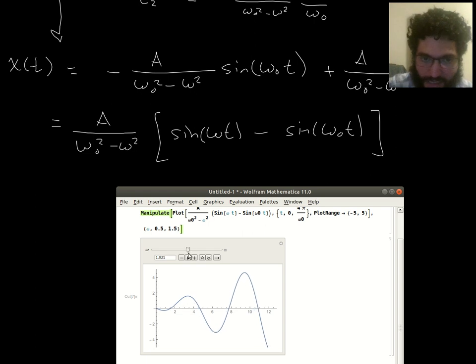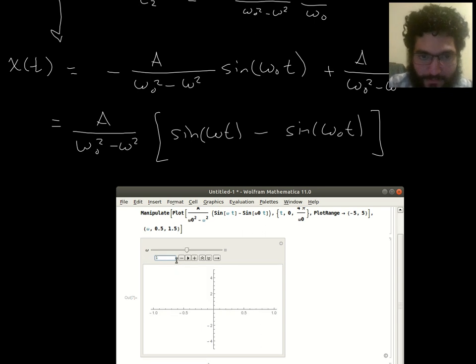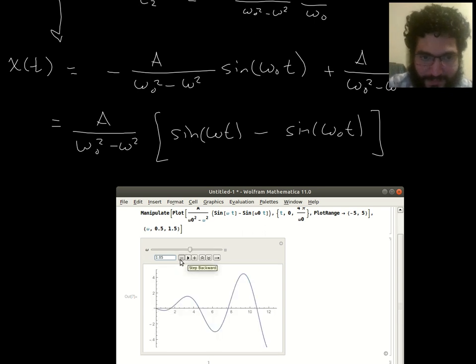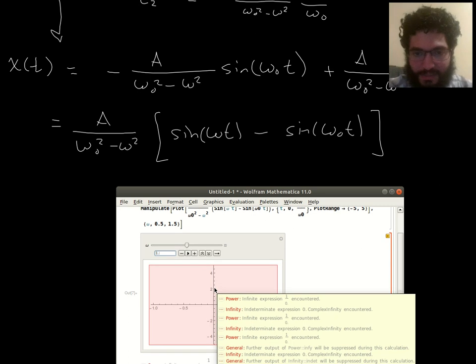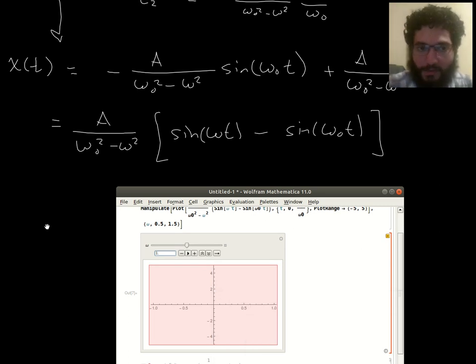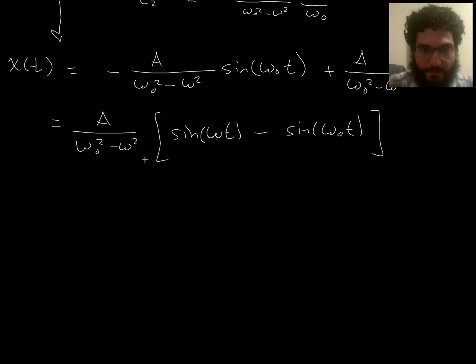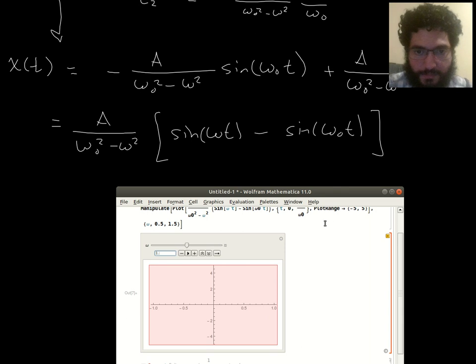What if I make it exactly equal 1? Can I? Let me type in 1. A little bit less than 1 is okay, a little bit more than 1 is okay, but at 1, aha, you see? It's a division by 0 error. So it cannot even really show me what's going on at omega equals 1.